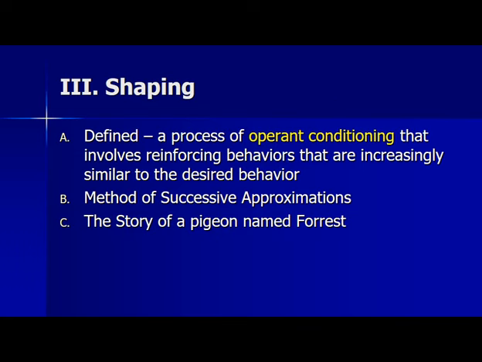You get them closer and closer, and that's why it's called the method of successive approximations. Because each time you want the animal to get a little bit closer until they actually complete the entire process. And then you only reward them when they get closer or they actually engage in the behavior itself, so they learn exactly what it is that you're after that will get them their reward.